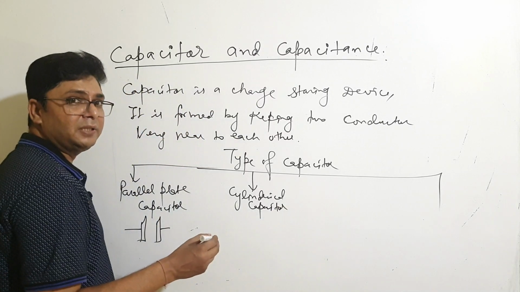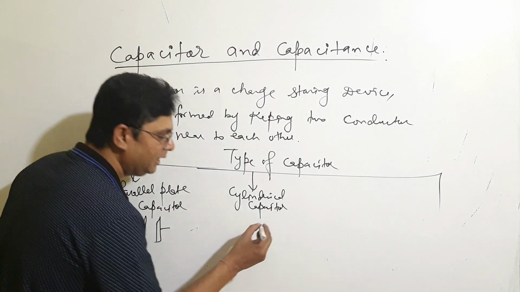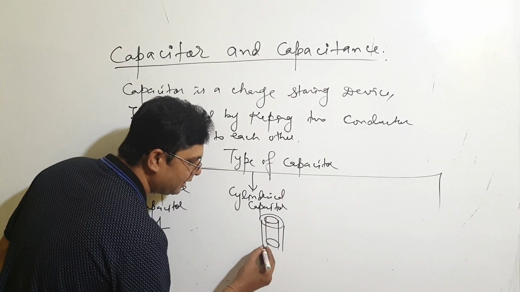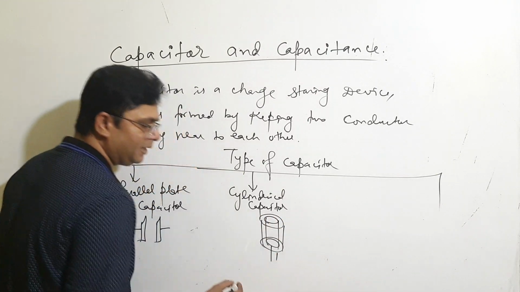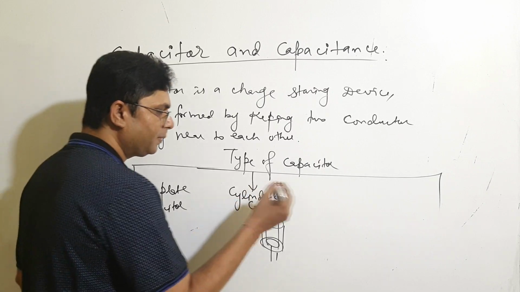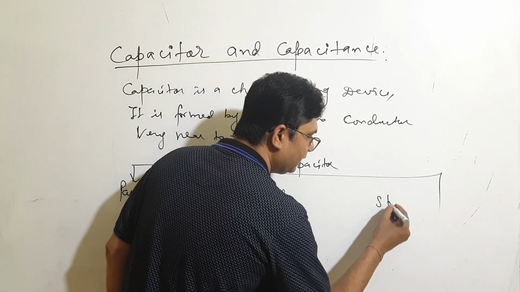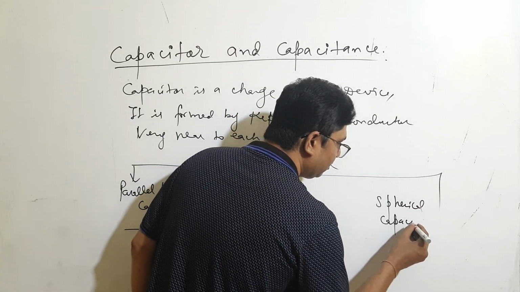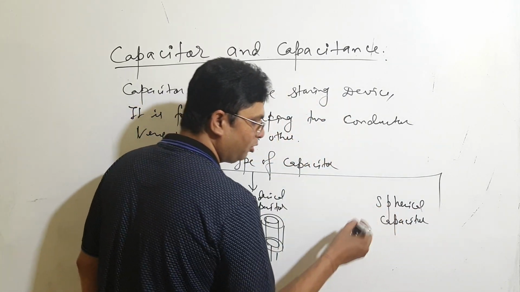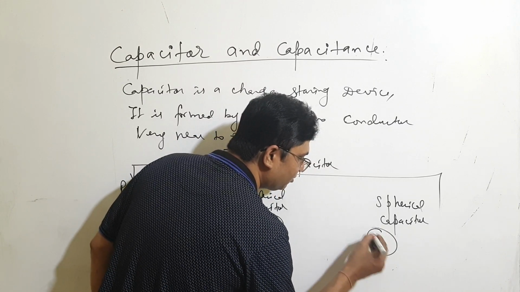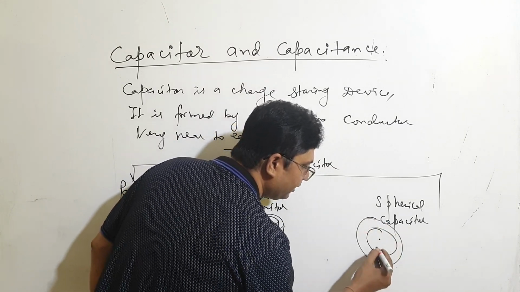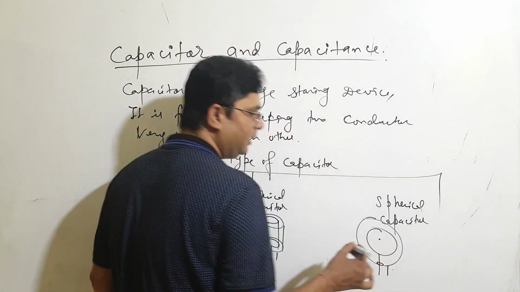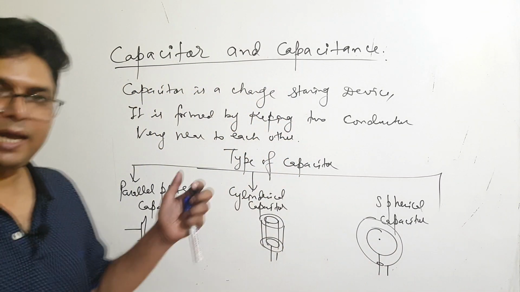For cylindrical capacitor, you require two coaxial cylinders, this is number one, this is number two, connected with two metallic outlet wires. Next is spherical capacitor. For this you require two concentric metallic spheres. Let us have a conducting wire from this hole and a second wire here. So there are three types of capacitor.